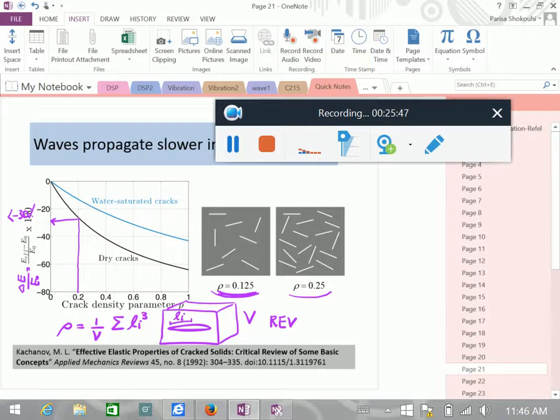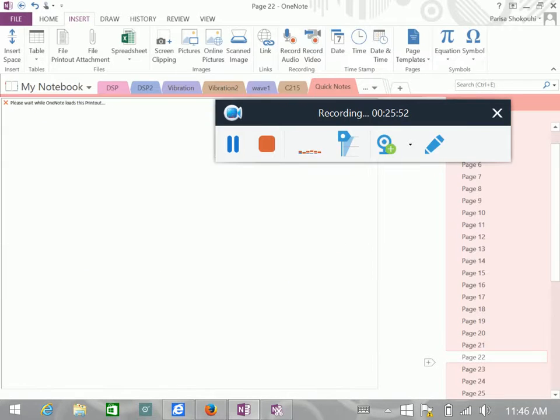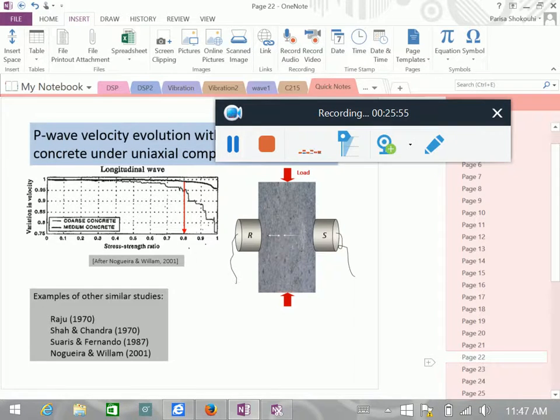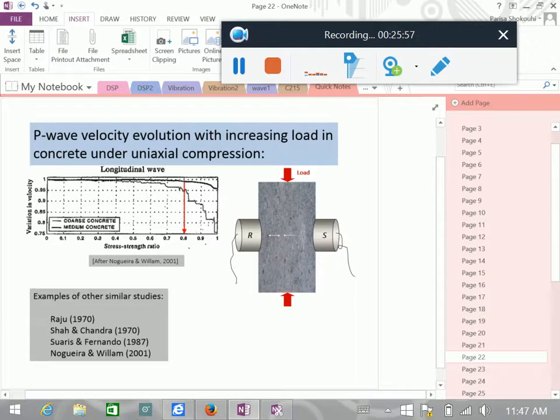Does it make sense? Okay, so this is how these formulations can be used. Now, of course, we are not the first people who wanted to relate the wave velocity to the damage in material. Here you have a list of people who, from the 1970s, tried to relate the wave velocity to the amount of damage that you are seeing in material.